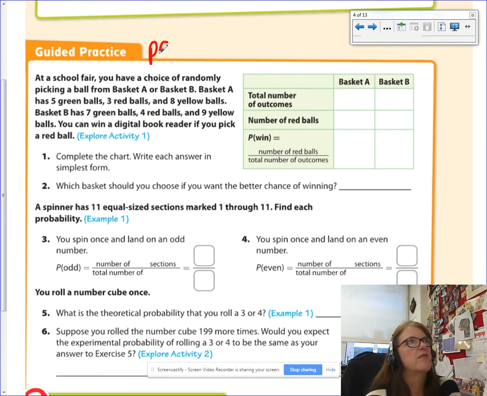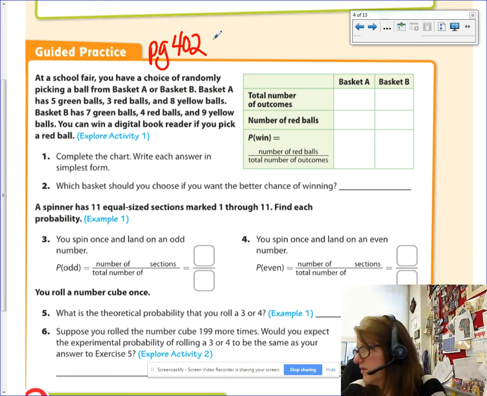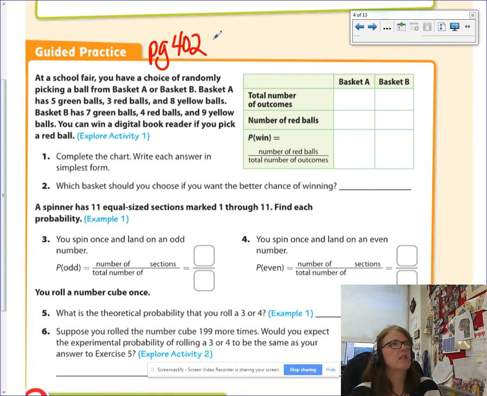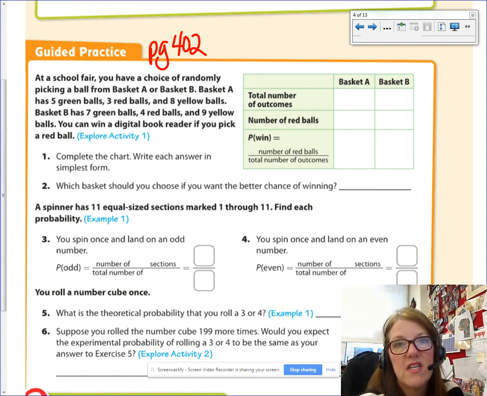All right, so here's what I want you to do. Starting on page 402, I want you to start with the guided practice on page 402. And then I want you to go through 16, which is on page 403. So 1 through 16. Have your calculator handy.